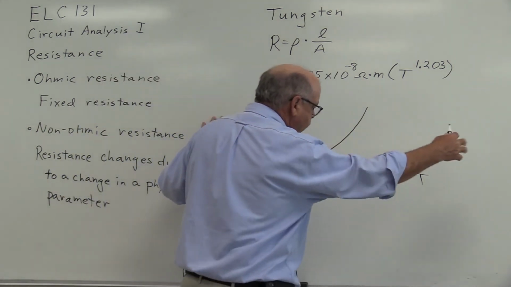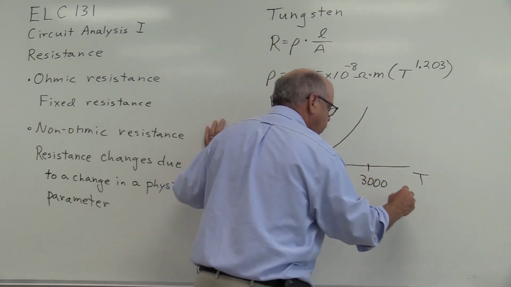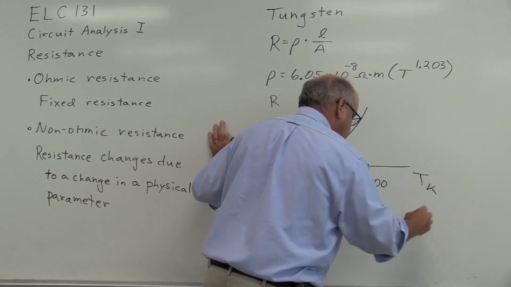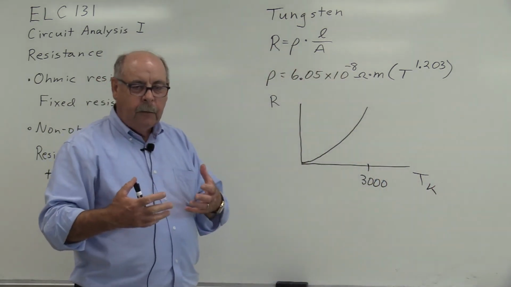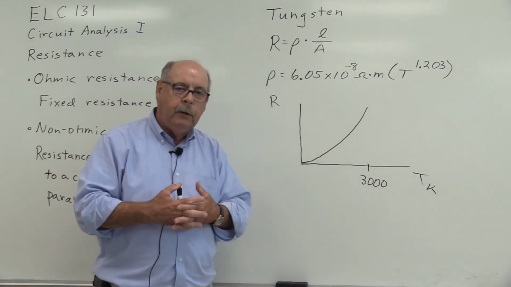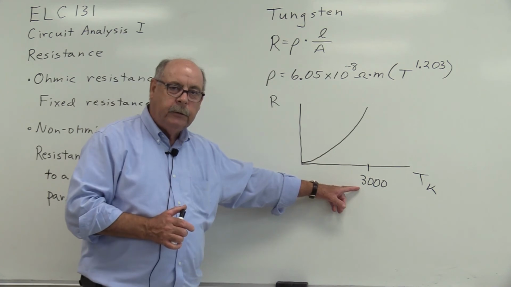Now, this graph is showing us temperature in Kelvin, and that is somewhere around 3,000 degrees. Now, believe it or not, the filament of an incandescent bulb is at about 3,000 degrees.